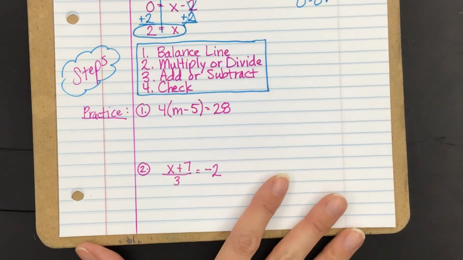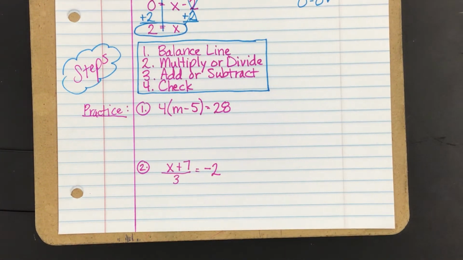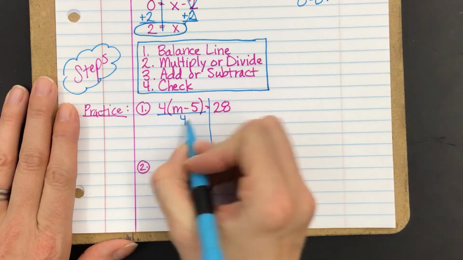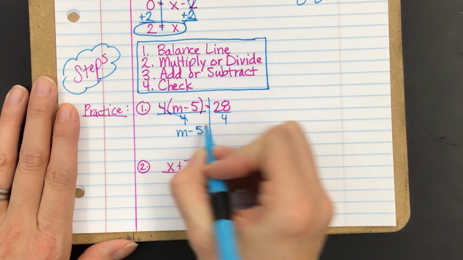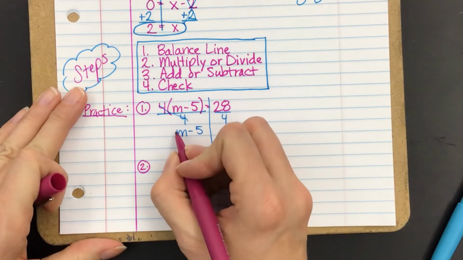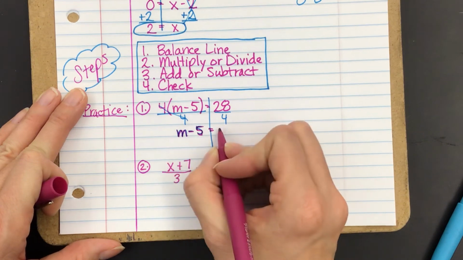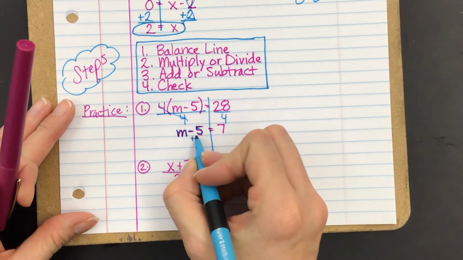How'd you guys do on this? Did you finish? Here, let me just go through it real quick to make sure we're good. I'm going to divide both sides by 4. I get m minus 5 is equal to 7. I'm going to add 5 to both sides.